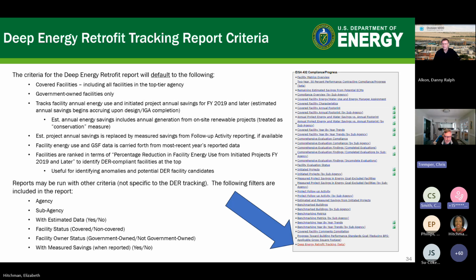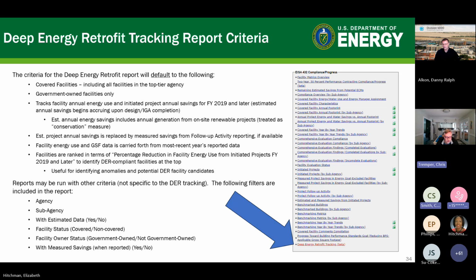We also added a field in CTS to track project development status. So if you put a date of FY 2019 or later for the completion of your investment grade audit or design completion, that project and the associated savings you report will count toward this.